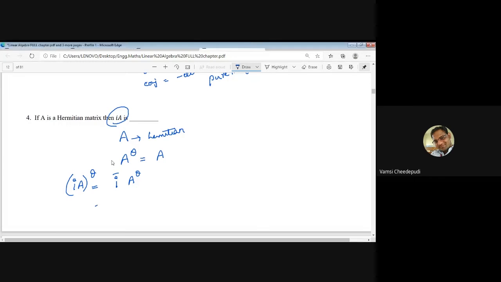Yes, i conjugate is minus i into A power theta. Then what should it be? It should be skew Hermitian.